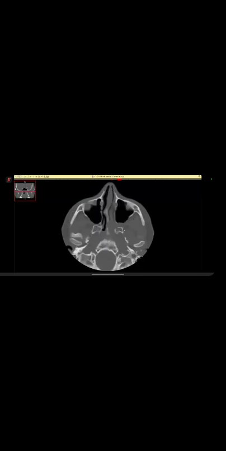So if you see, this is the optic nerve and this is the superior orbital fissure, and then this is the middle cranial fossa. So in some cases where the angulation is not clear, you will actually struggle to see the foramen rotundum very well because of the angulation of the scan.